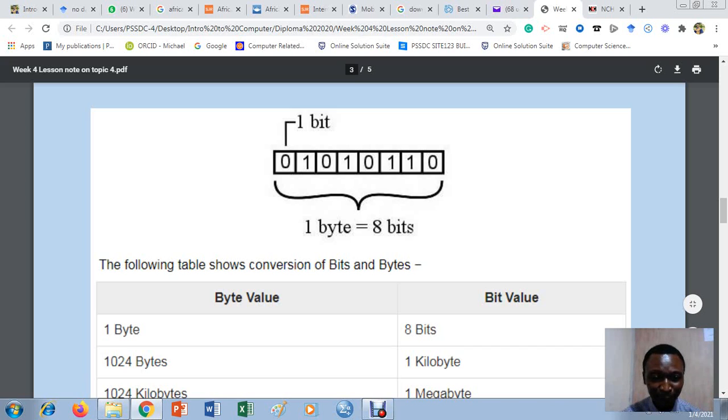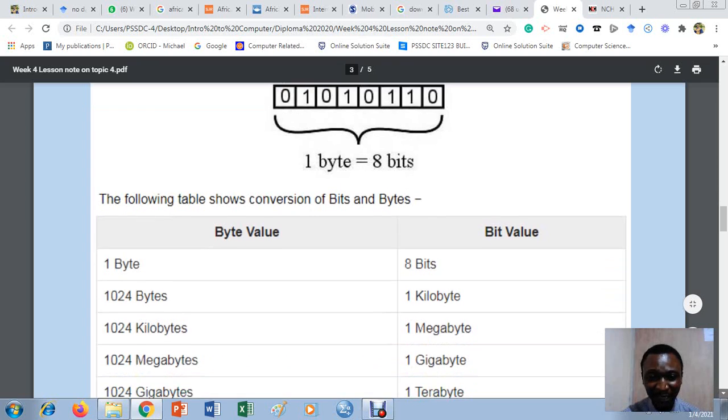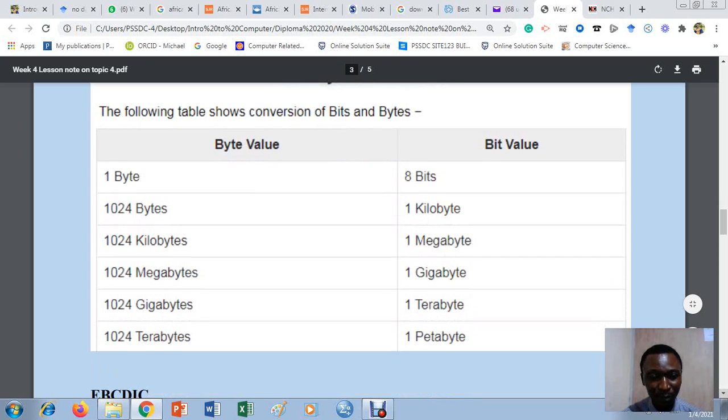Now the table below shows the conversion of bits and bytes. You need to understand this table because we might likely do some small calculation on it. I could ask you how many bytes are in 1 gigabit.